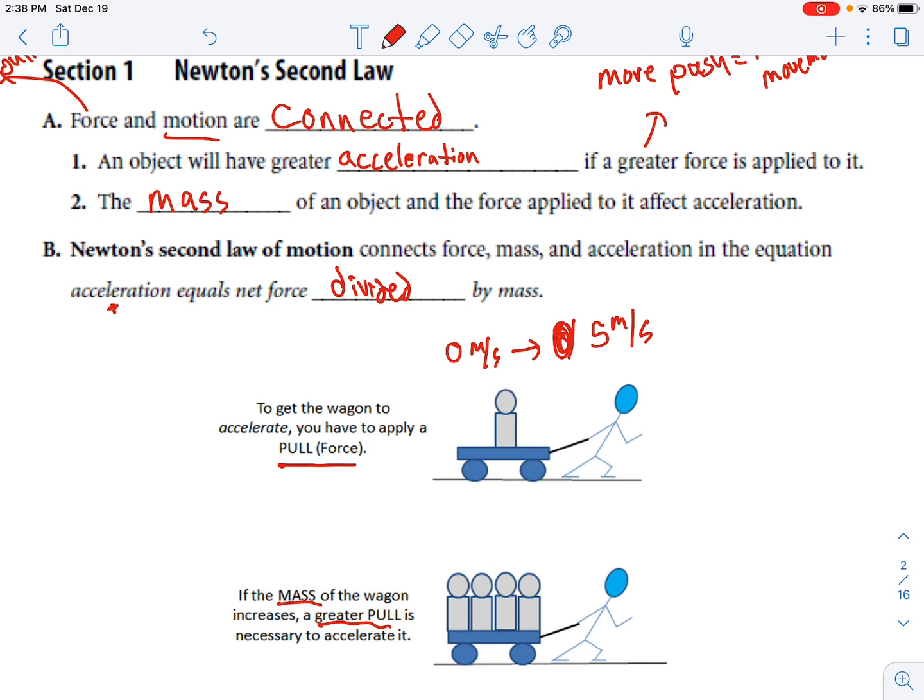So the acceleration of something is the force divided by the mass. The more mass you have, the more force you're going to need to get it to move.